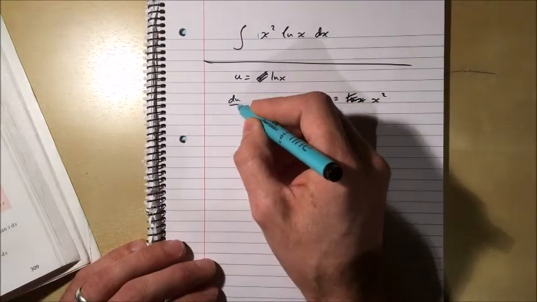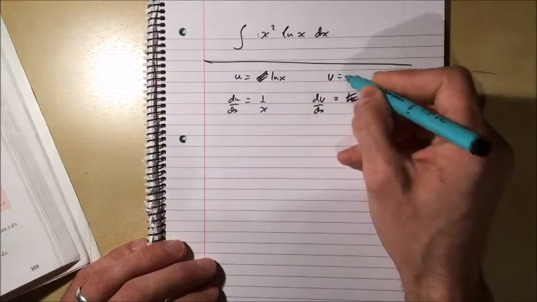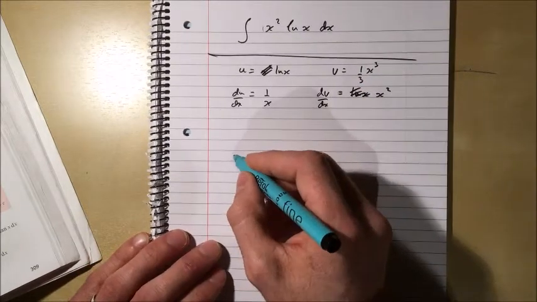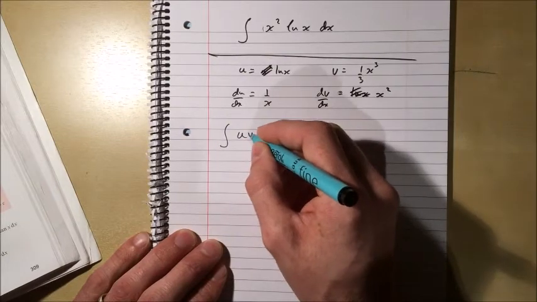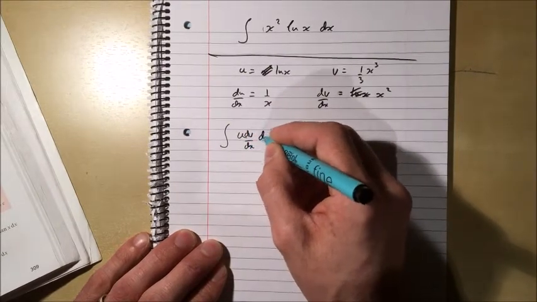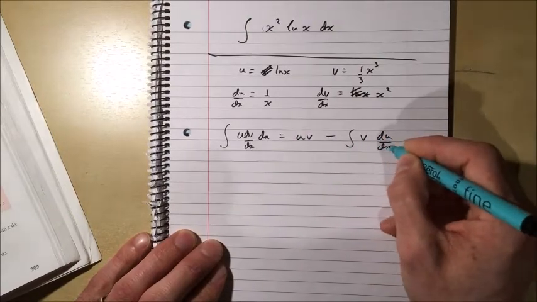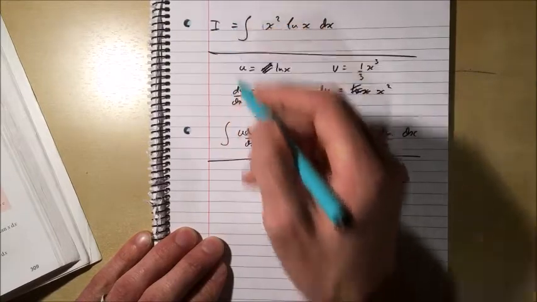So du by dx is 1 over x. The integral of x squared is x cubed over 3. By the parts formula, the integral of, well, I better write this out, hadn't I? The integral of u dv is uv minus the integral of v du. So that's my integral.